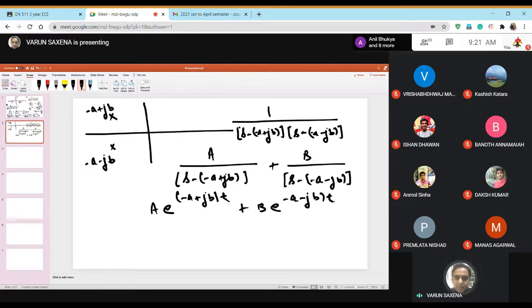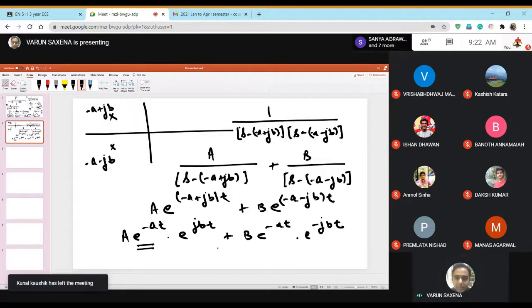So you have a e to the power minus at into e to the power jbt plus b e to the power minus at into e to the power minus jbt. Now if you look at this solution, this is an exponentially decaying term. What is e to the power jbt? Is this a bounded term or is it an unbounded term?